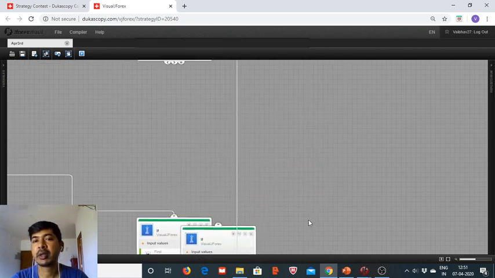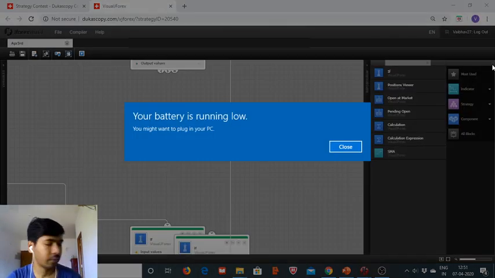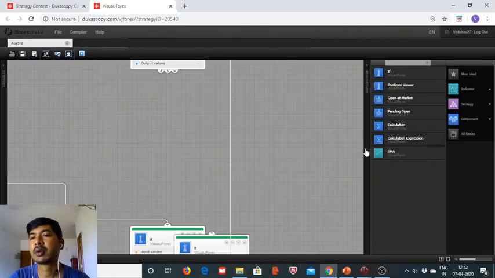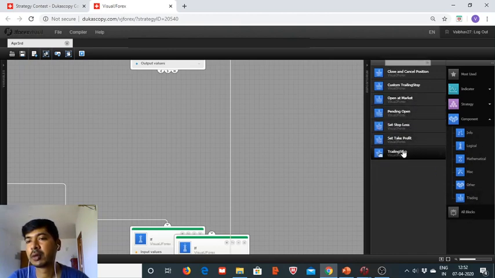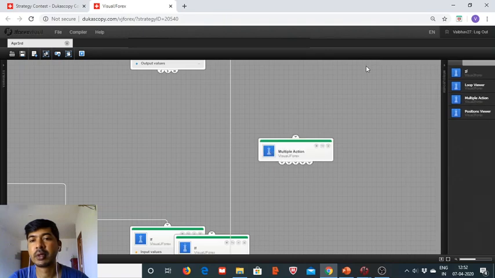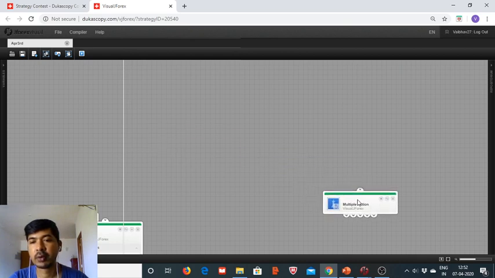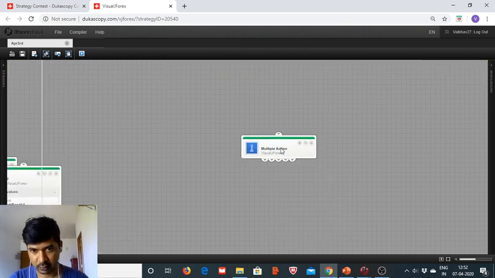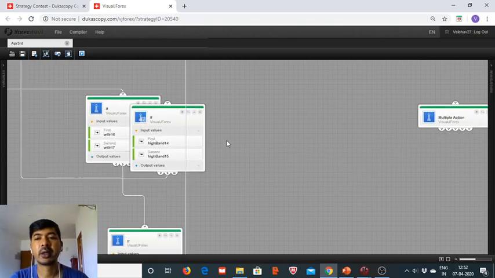We will need to bring in the multiple action block. We just don't connect, we will keep it as it is somewhere here. We will connect it later on.